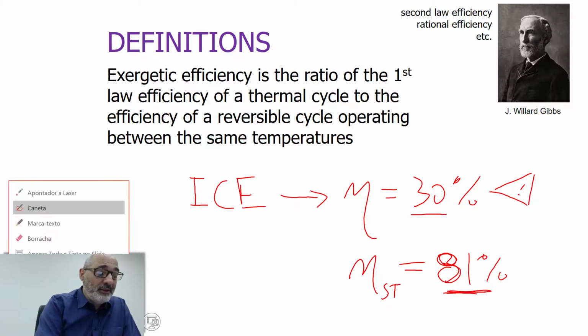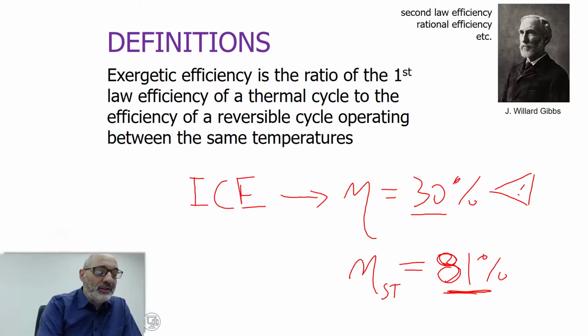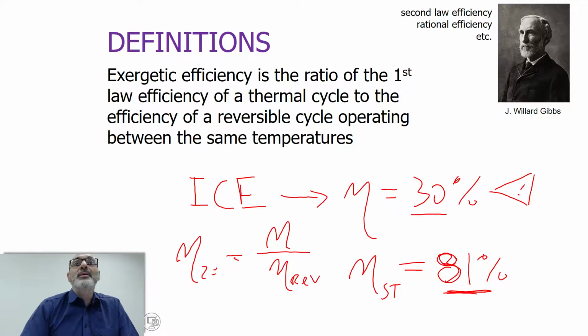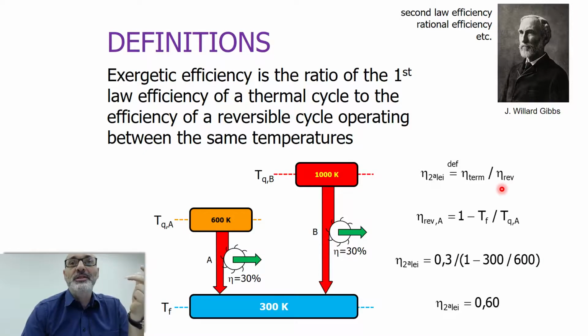So what Gibbs defined as second law efficiency is the actual efficiency, or the first law efficiency, divided by a reversible efficiency between the same temperatures. So you see 31% efficiency of a reversible machine between the same reservoirs.